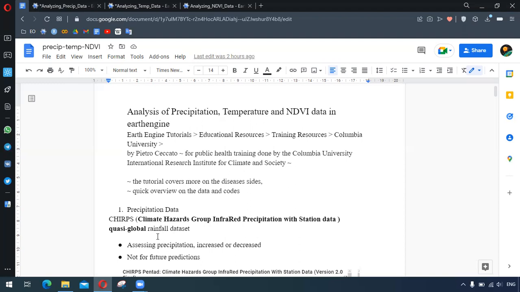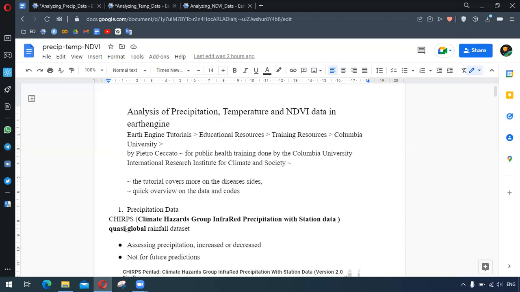To start with precipitation data, we have this CHIRPS data, which stands for Climate Hazards Group Infrared Precipitation with Station Data. And this dataset is a quasi-global rainfall dataset, which ranges over 30 plus years.